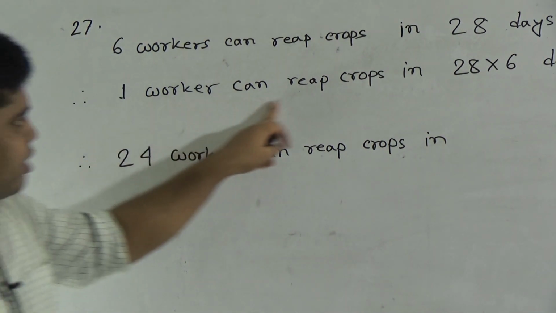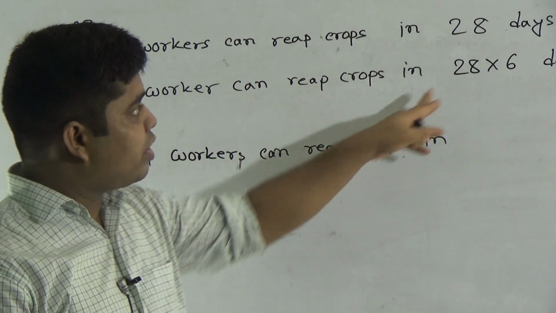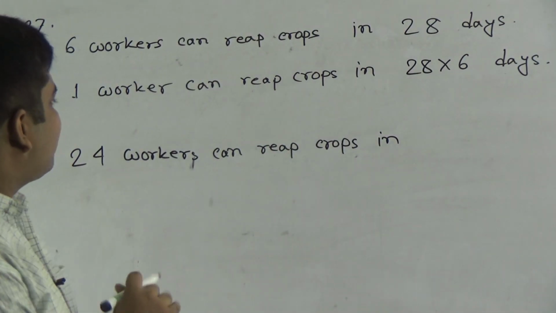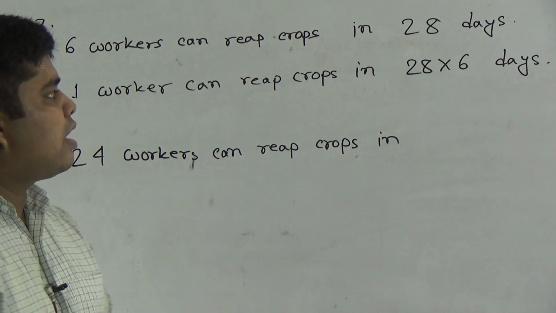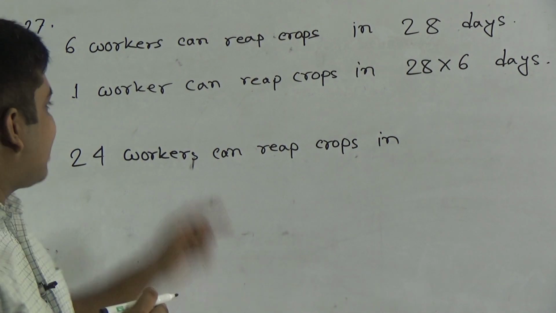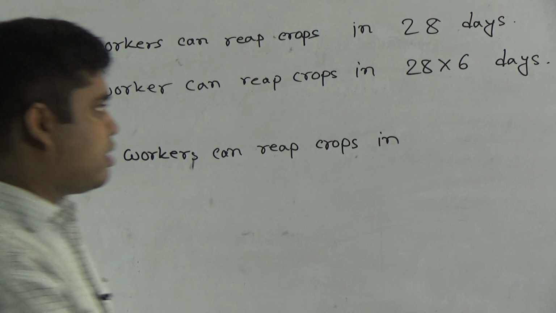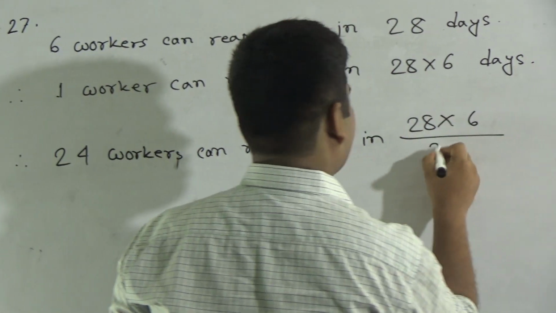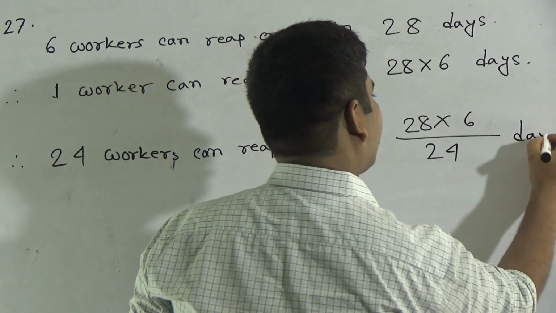One worker can do that amount of work in 28 multiplied by 6 days. So in how many days can 24 workers do that amount? Fewer days than 1 worker, so division will happen. That means 28 multiplied by 6 divided by 24 days.